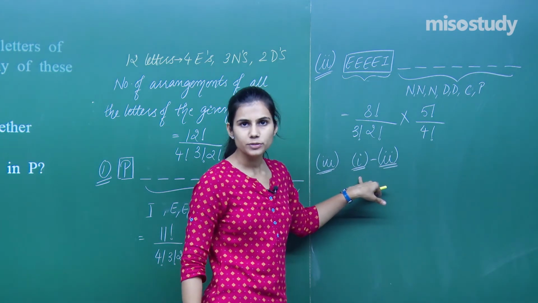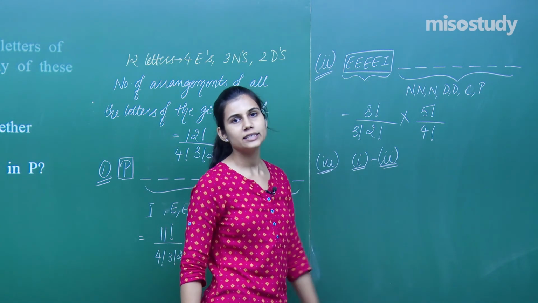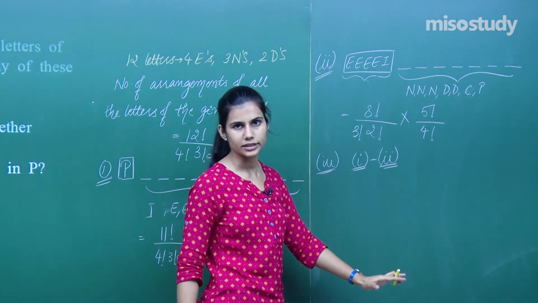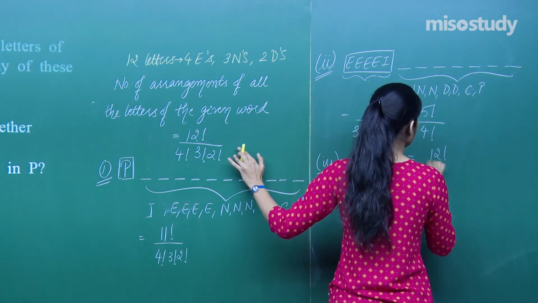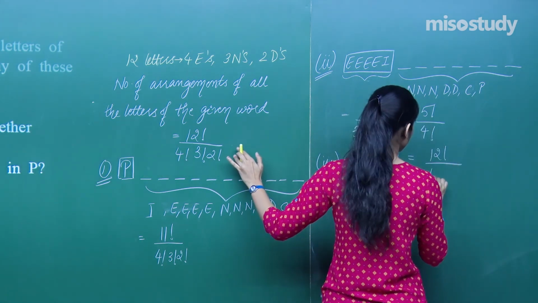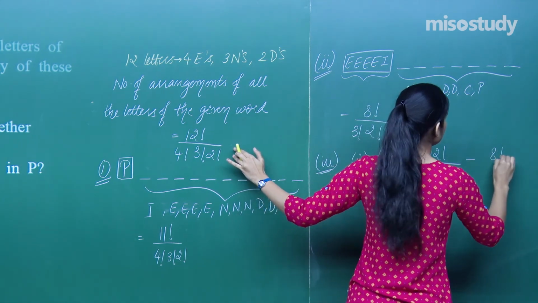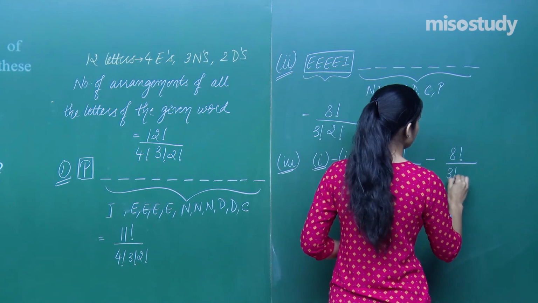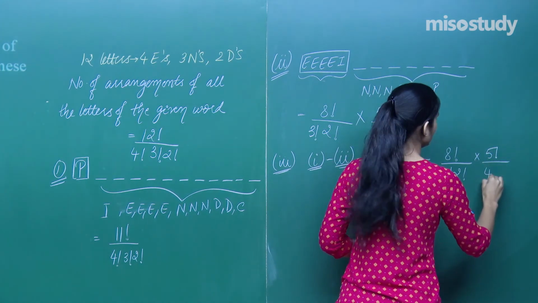From all the arrangements, remove those arrangements in which vowels are occurring together, you will be getting the arrangements in which vowels are not occurring together. So that is equal to what? 12 factorial upon 4 factorial into 3 factorial into 2 factorial minus 8 factorial upon 3 factorial into 2 factorial into 5 factorial upon 4 factorial.